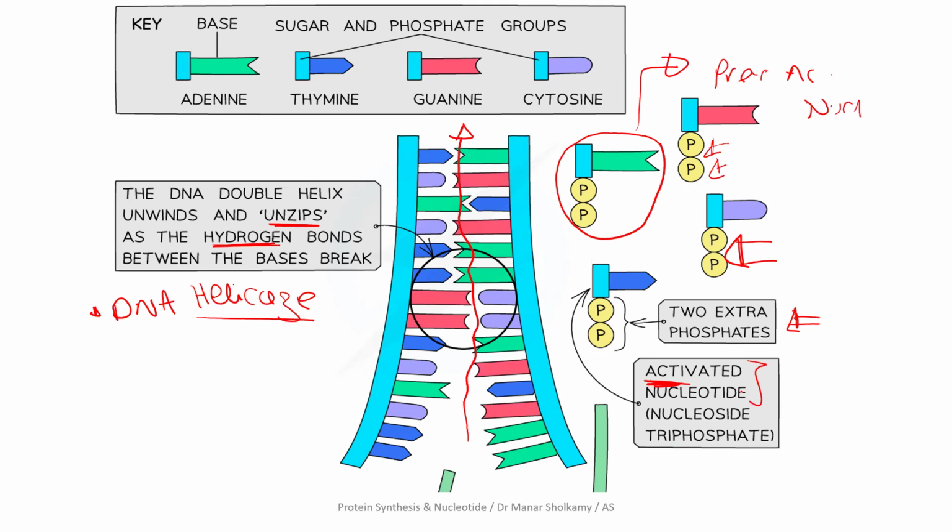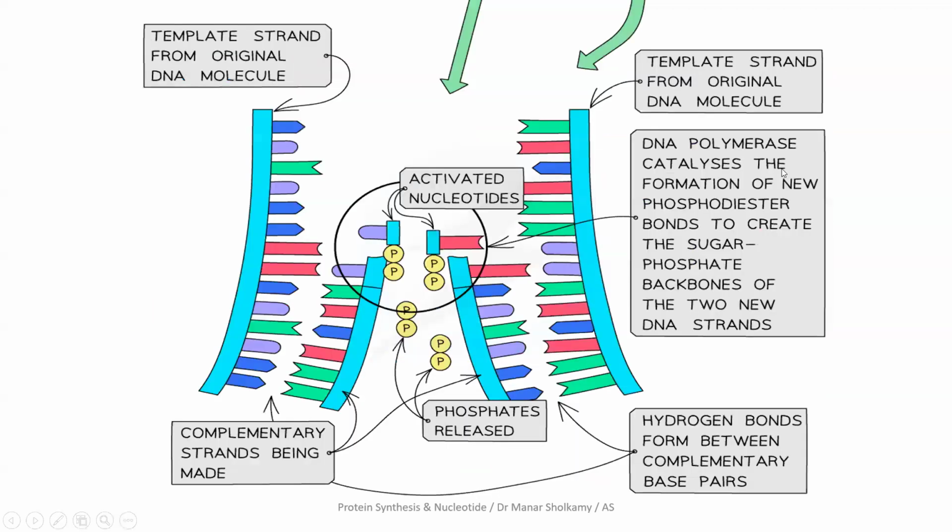Okay, Adham, who will break these two phosphate molecules to generate energy? Which enzyme? DNA polymerase enzyme. Excellent. The DNA polymerase enzyme will break these two phosphates to generate energy, and this energy will be used to generate the phosphodiester bond and the sugar phosphate bond. Look at this. These are the activated nucleotides.